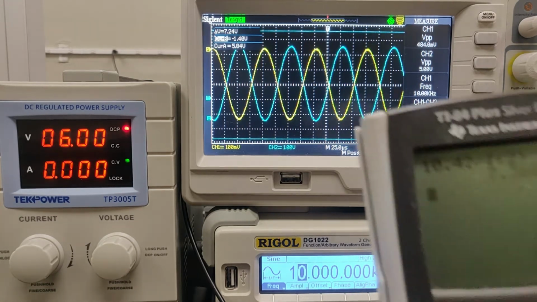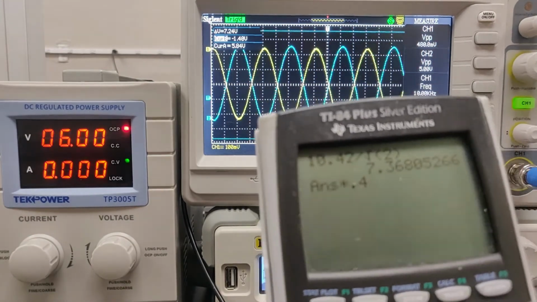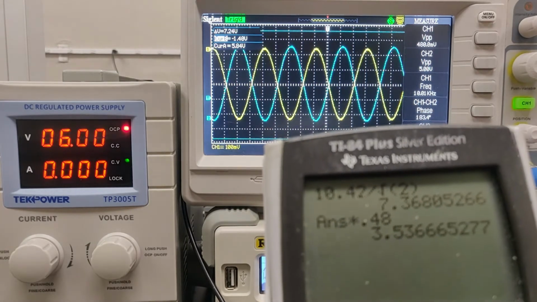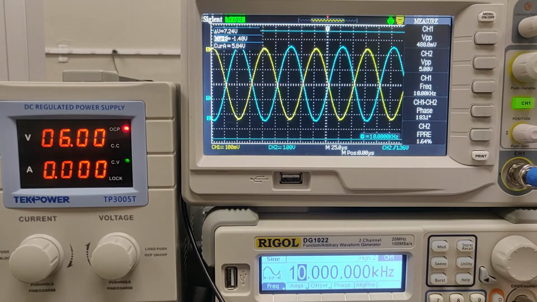Then if we multiply this number times 0.48, this 3.53 should be roughly what our output voltage should be at our new cutoff frequency.